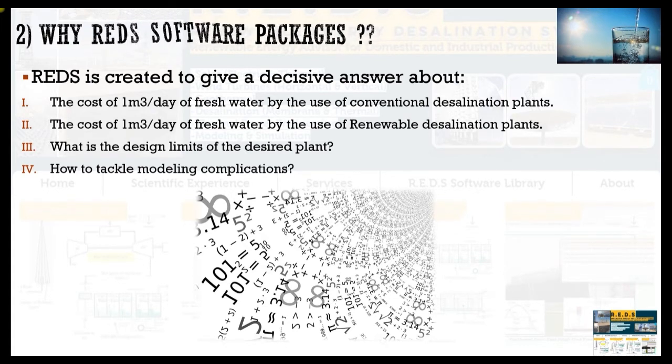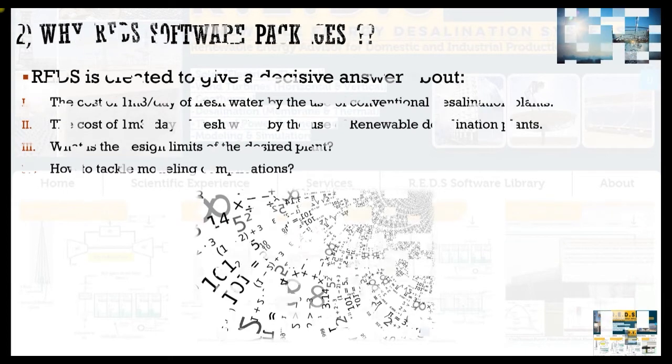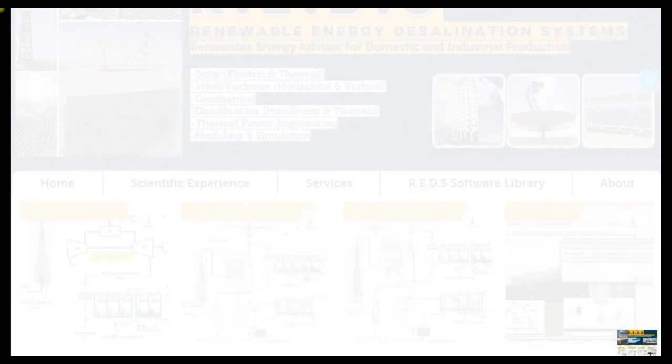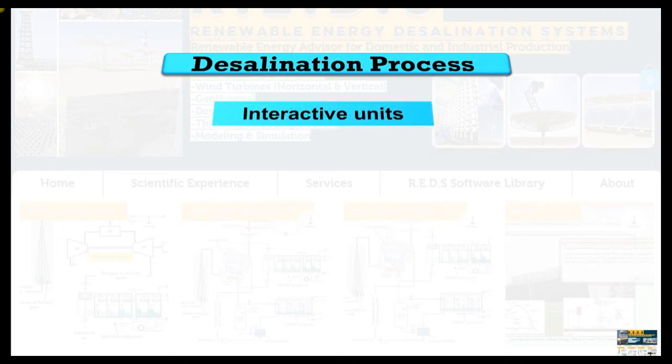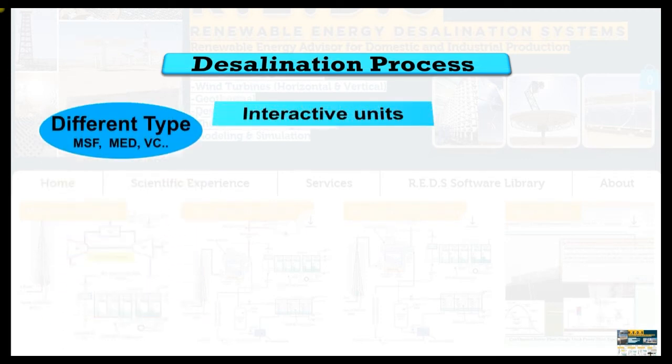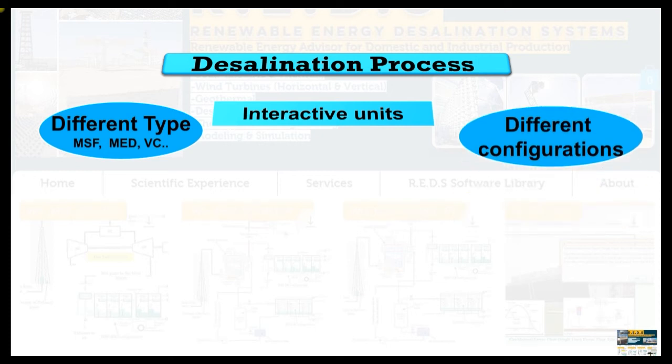It is quite interesting to answer such a question, because if you are going to answer what is the cost of 1 meter cube per day of fresh water, you have to give me the design limits, which type, which configuration, and so on. The desalination process is quite hard to answer for, because for the desalination process itself we have different types: multi-phase, MED, vapor compression, mechanical compression, and different configurations for each type.